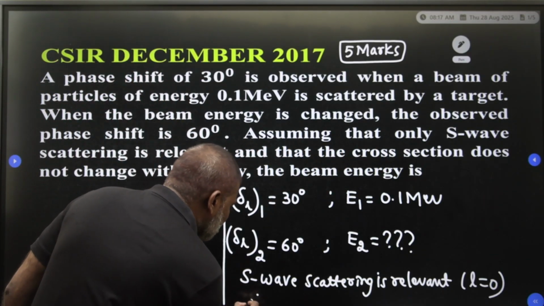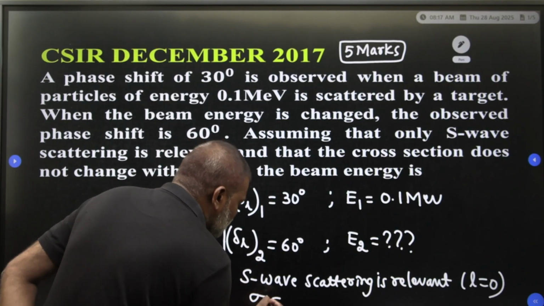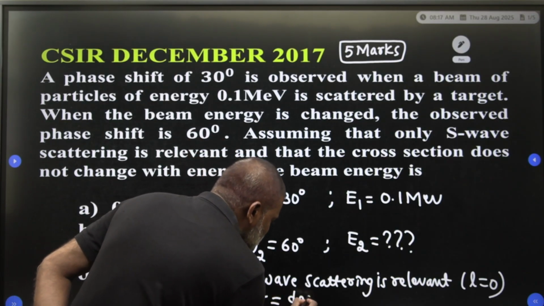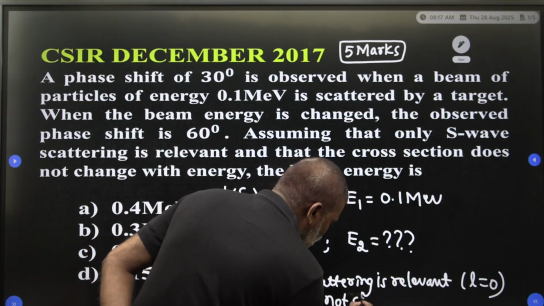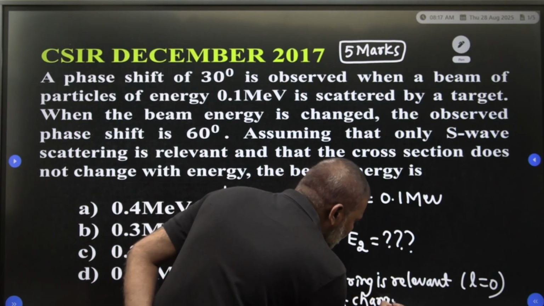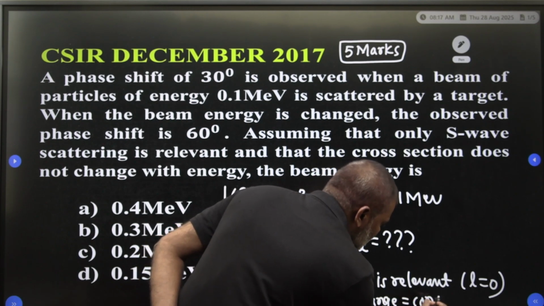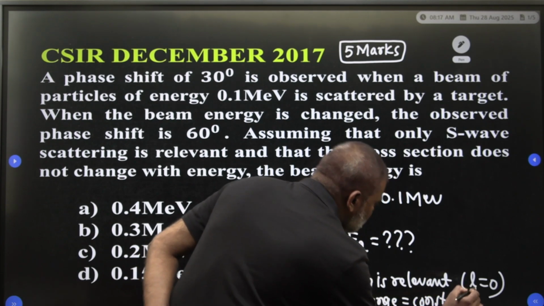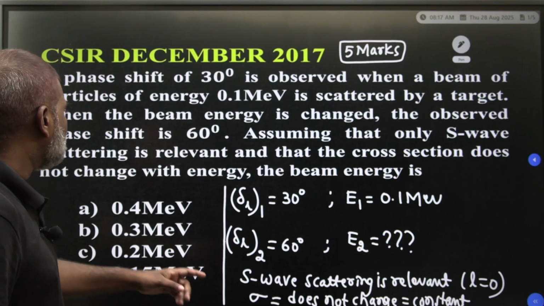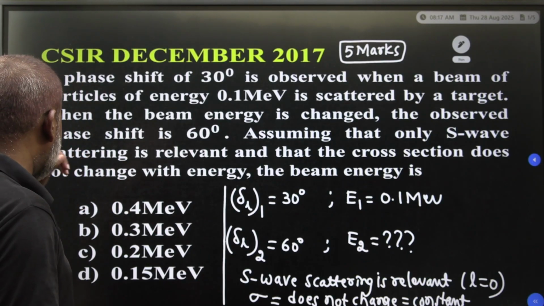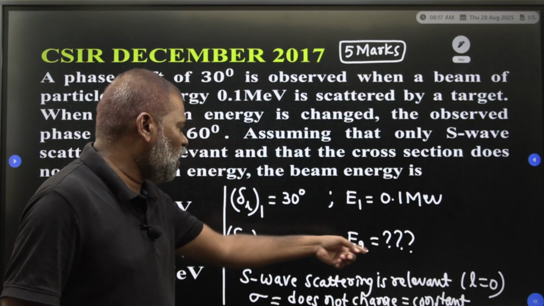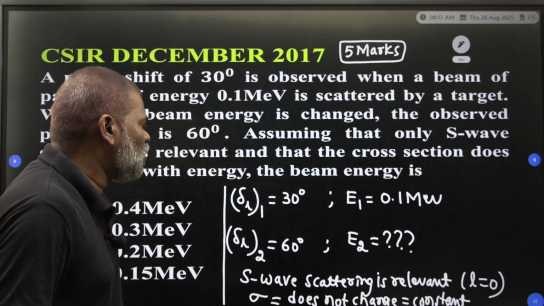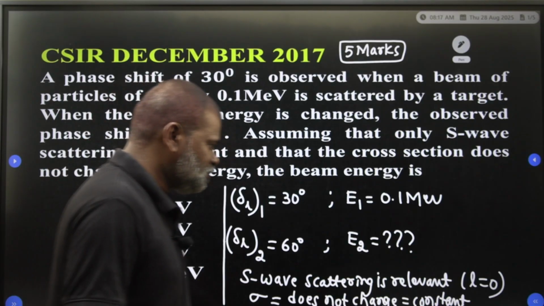The total cross section does not change, which means it is equal to a constant. So the total cross section is a constant, clear? Therefore it does not change with energy. The beam energy E2 is equal to how much, they are asking.